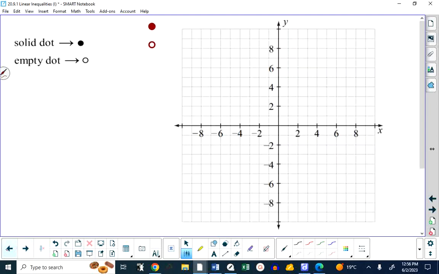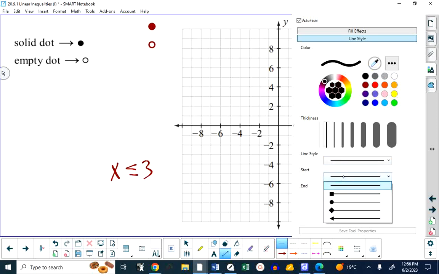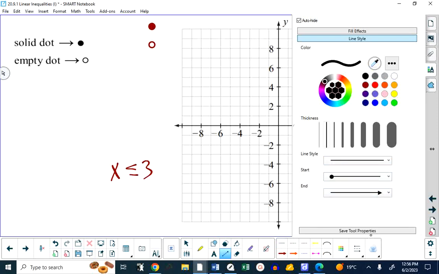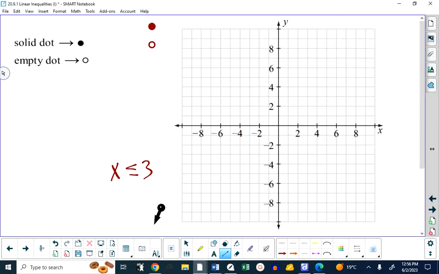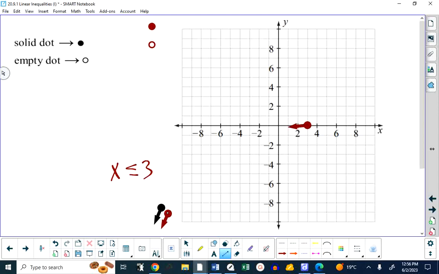Well, if you were to graph that, I'm going to show it to you on an actual grid. If I said graph x is less than or equal to 3, then it looks like this. But it's a one-dimensional graph.